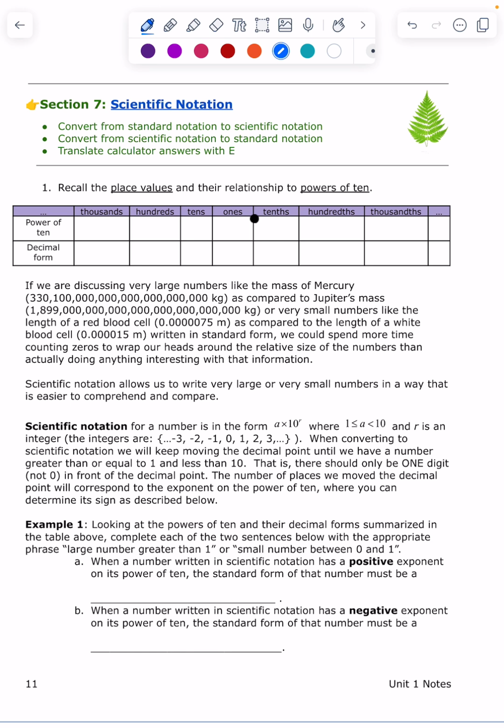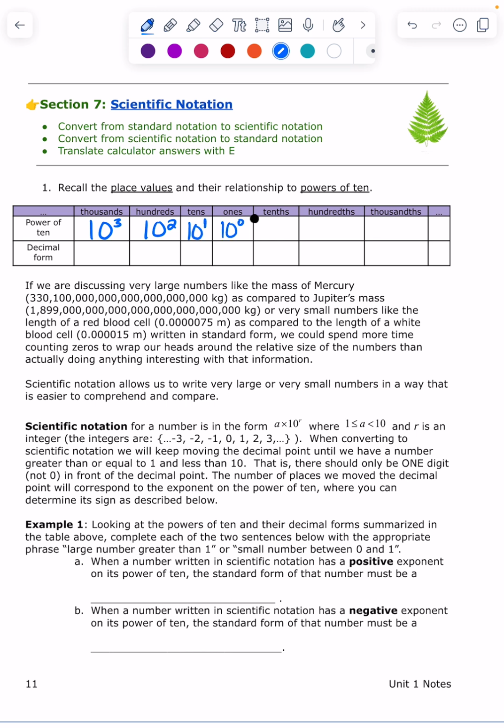So the ones place, it says we're going to put powers of 10 in here. So actually I'm going to start with thousands. To get 1,000, you need to do 10 to the third power. 100 is 10 to the second power. Just 10 would be 10 to the first power.